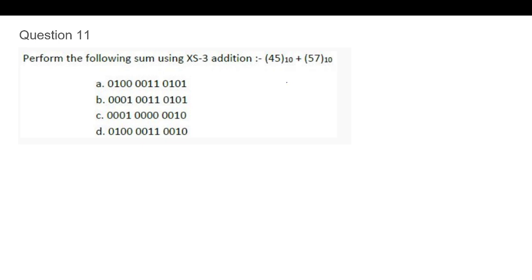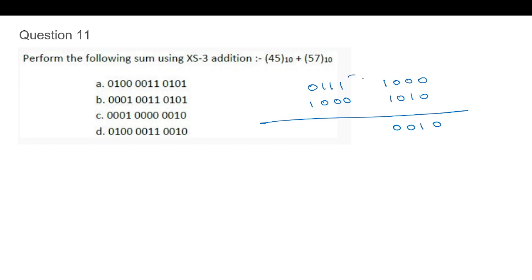So let's start this addition. 4 plus 3 is 7 and 5 plus 3 is 8, and 7 plus 3 is 10, 5 plus 3 is 8. Okay, so it is 0, 1, 0, 0, there is a carry. I will propagate the carry here and there is a carry, so add plus 3.